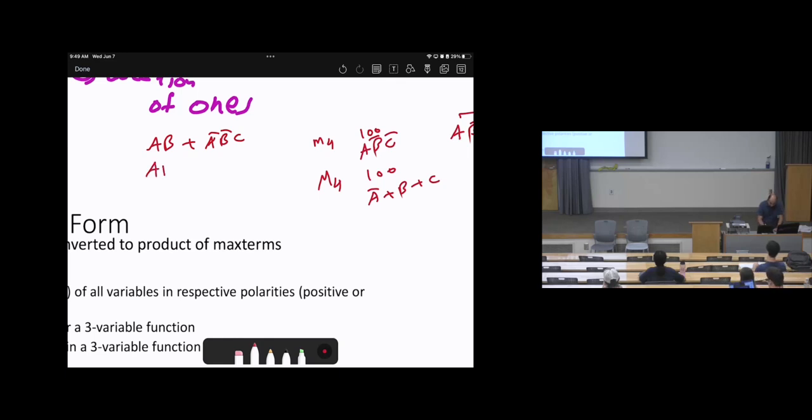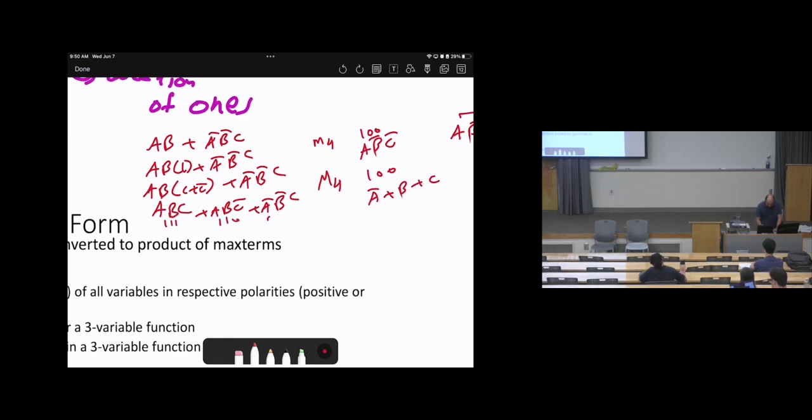For AB, the missing variable is C. So AB times C plus C bar, because C plus C bar equals 1, plus A bar B bar C. Therefore, it will be ABC plus ABC bar plus A bar B bar C. This is 1, 1, 1. I'm sorry, let me correct that: ABC is 1, 1, 1, ABC bar is 1, 1, 0, and A bar B bar C is 0, 0, 1.